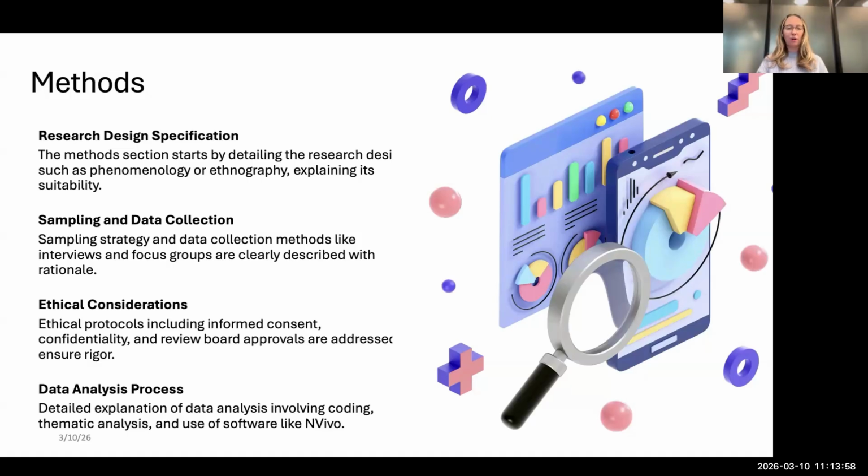Quirkos is another, I would say, more financially viable software. Atlas.ti and MAXQDA are both very popular in the US. So if you used software, then please put that in there. If you didn't use software, that's absolutely okay, especially if the amount of interviews or data collection sources was manageable to do without software.